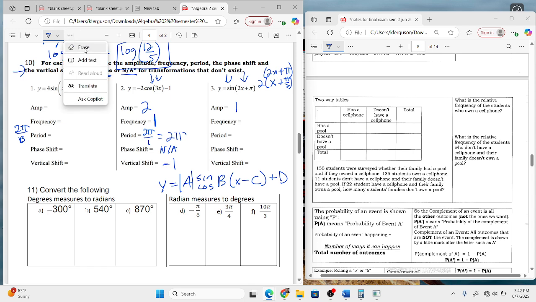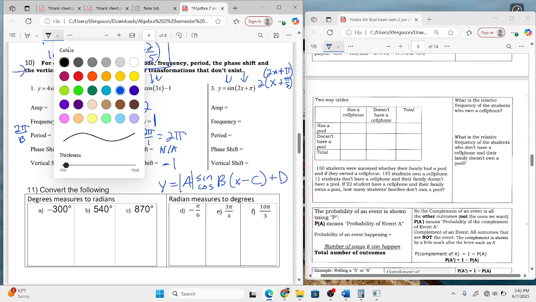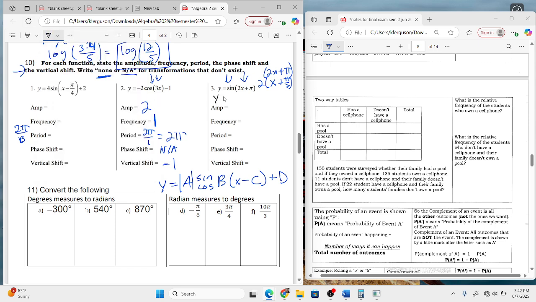And so what's the deal, right? The deal is that this is actually y equals sine of 2 times x plus pi over 2. Now see, that affects your phase shift.